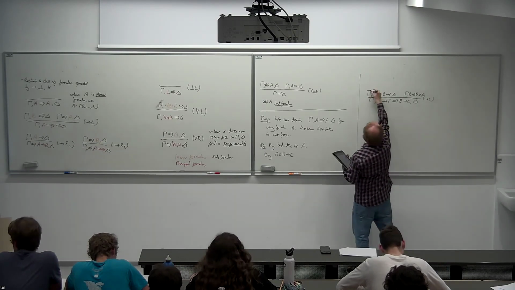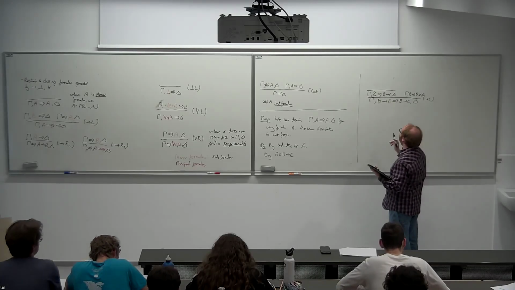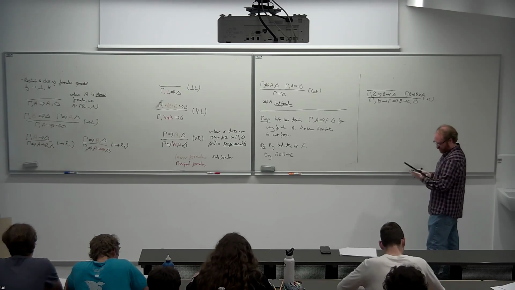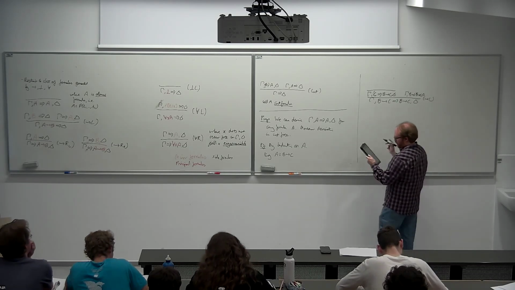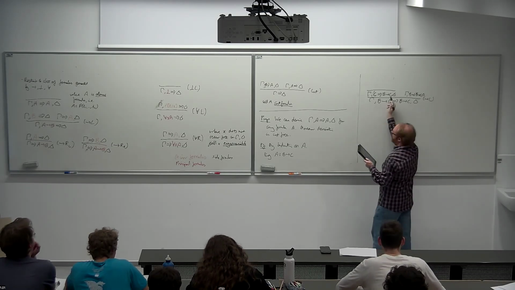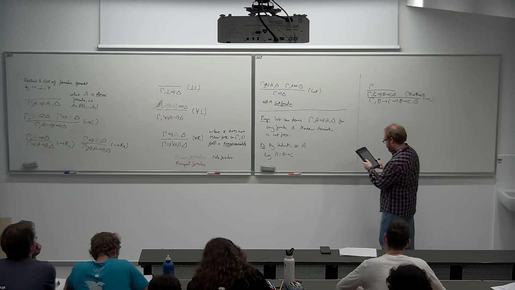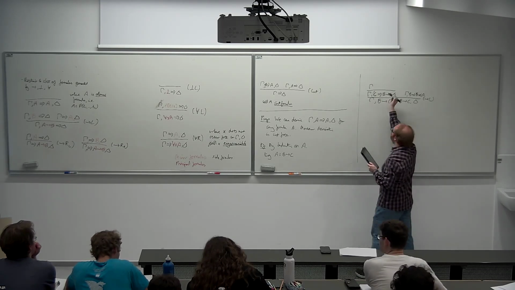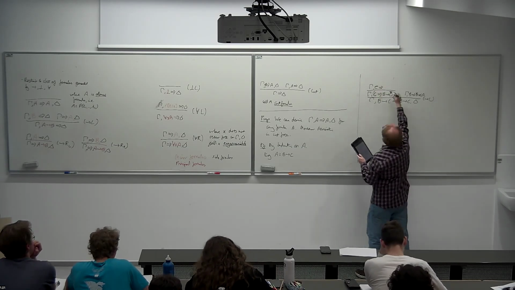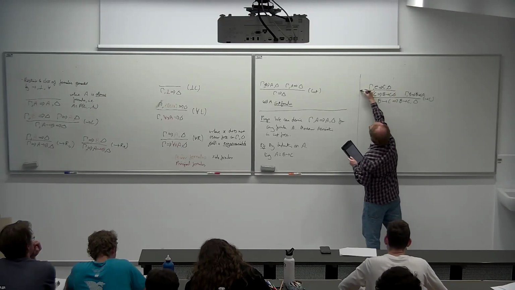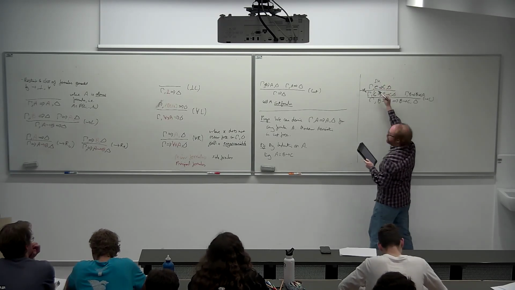And then we ask how could we have derived this? Well, we have implies on the right, so let's use one of the right implication rules. Then it's just the inductive hypothesis, because C is a smaller formula.